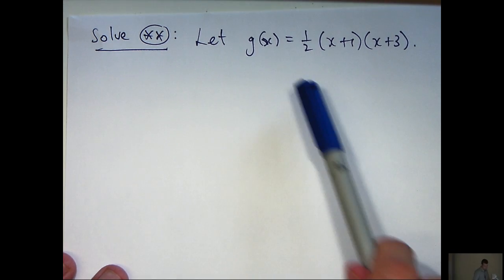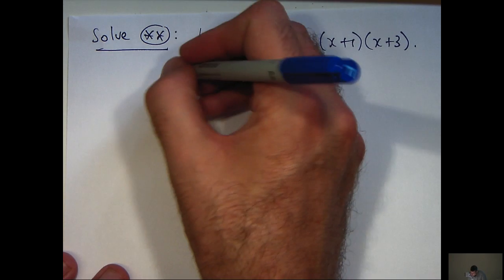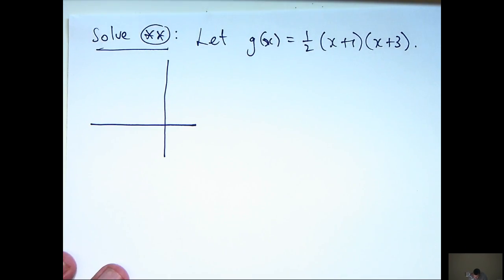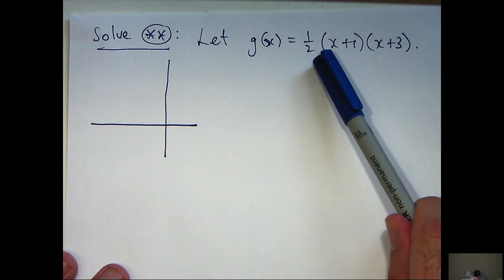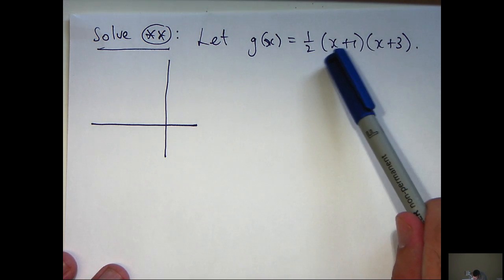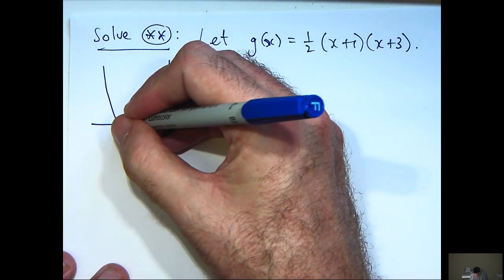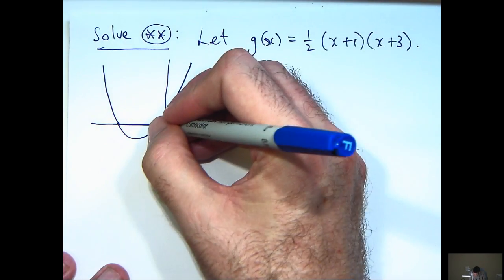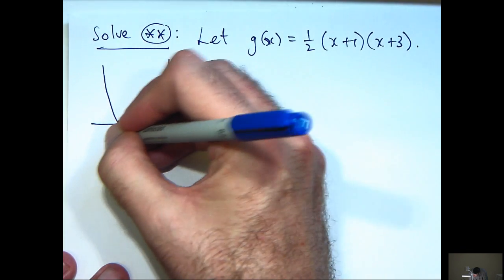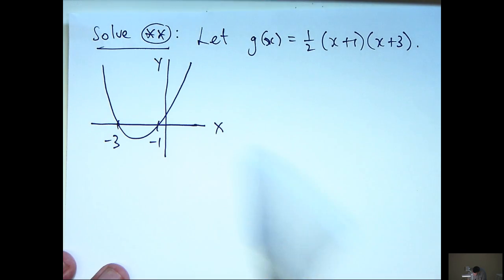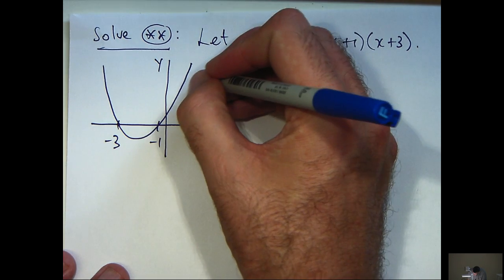And let's sketch the graph of g. Okay, we're going to have an x squared, and the coefficient of that x squared is going to be positive. So we've got a U-shaped parabola that cuts the x-axis at -1 and -3.